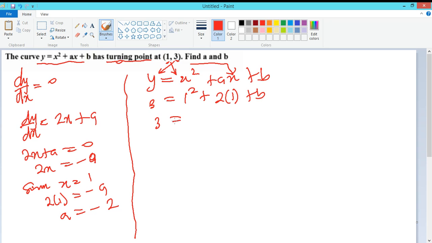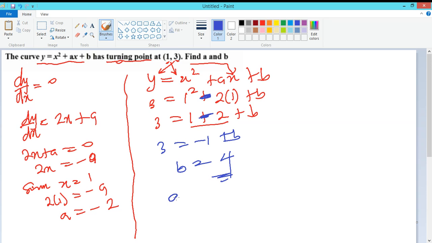So 3 is equal to 1 minus 2 plus b. Okay, so we have 3 is equal to minus 1 plus b. Solving for that, b is equal to 4. So a is equal to negative 2, b is equal to positive 4. So these are our answers.